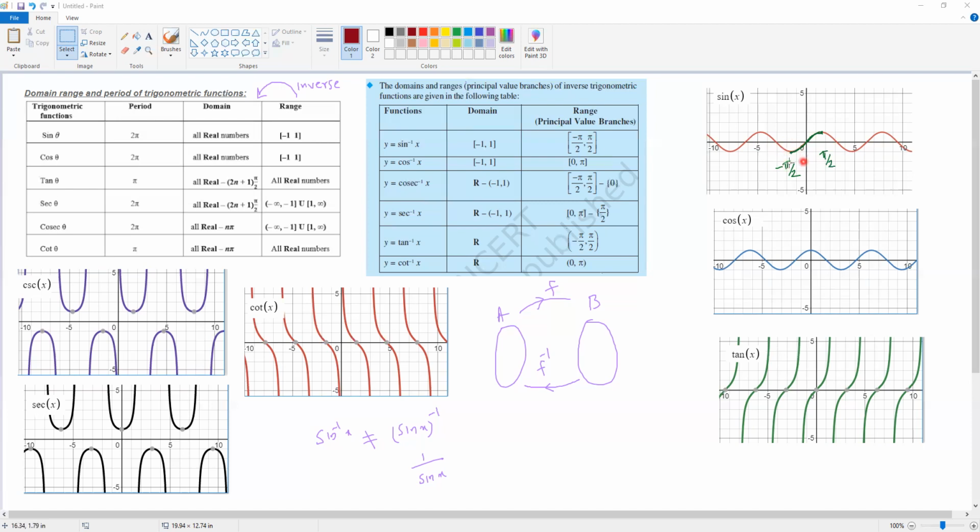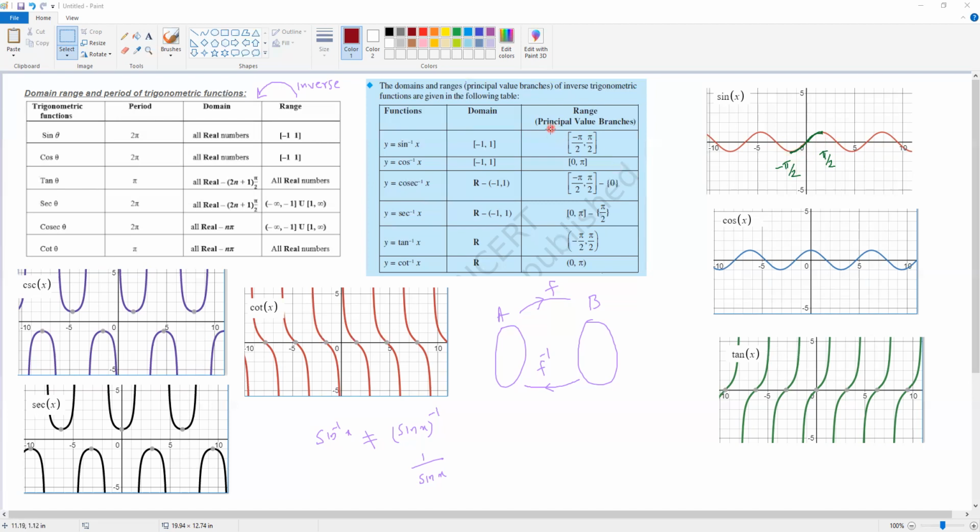The gap is pi units, so you can add pi to it again: pi by 2 to 3 pi by 2, then 3 pi by 2 to 5 pi by 2, 5 pi by 2 to 7 pi by 2, like that you can take. But universally one particular area is fixed, that is minus pi by 2 to pi by 2.